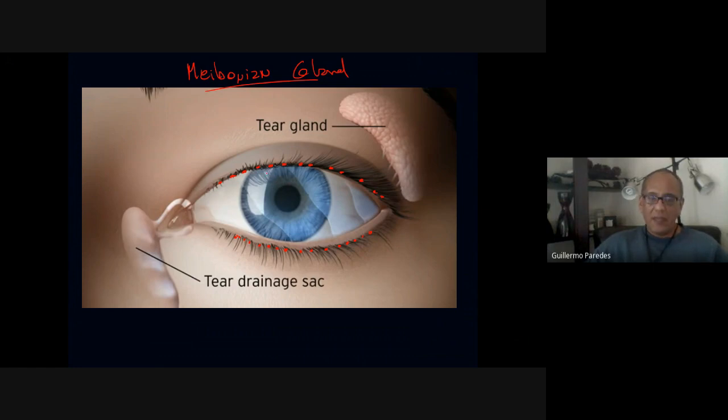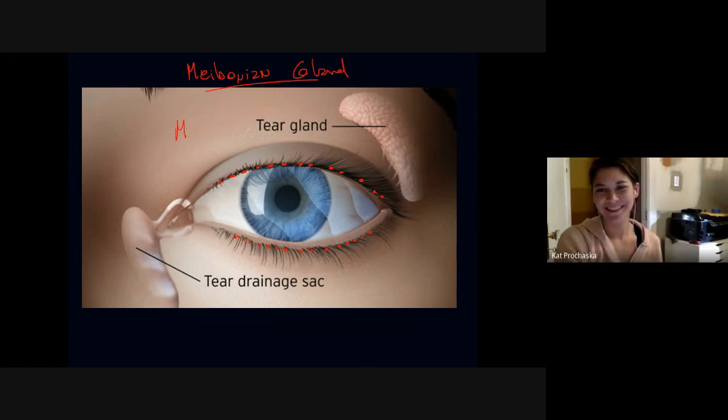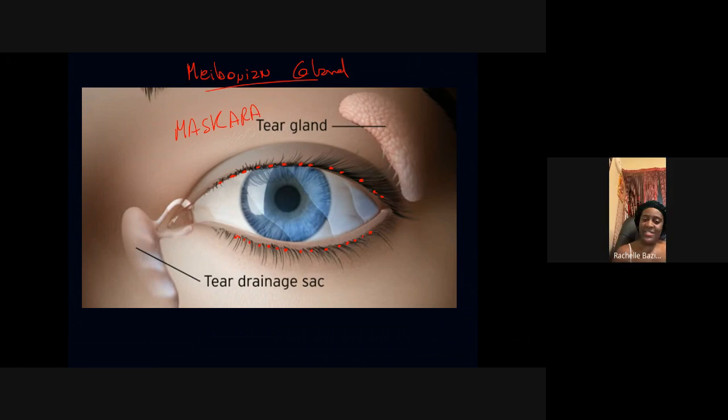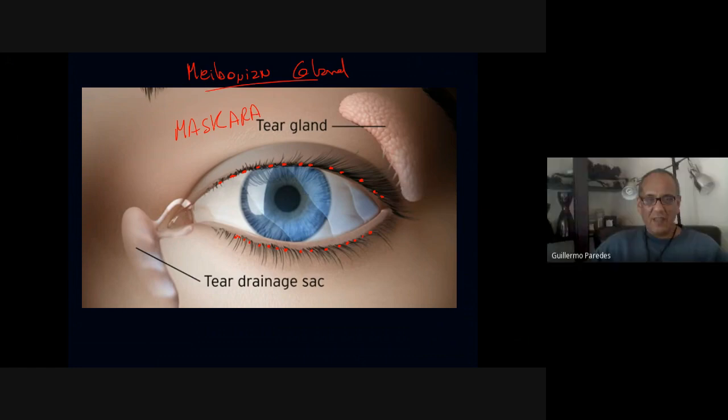So what happened here? These meibomian glands produce that oily fluid. When you use mascara, some people put a lot, right?